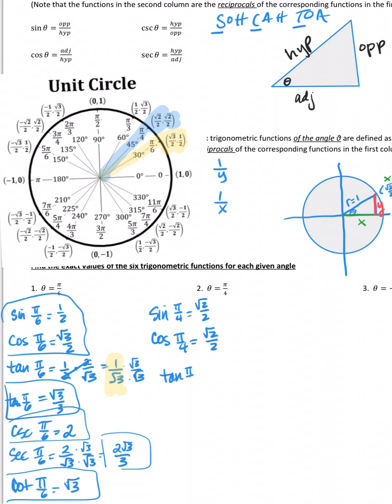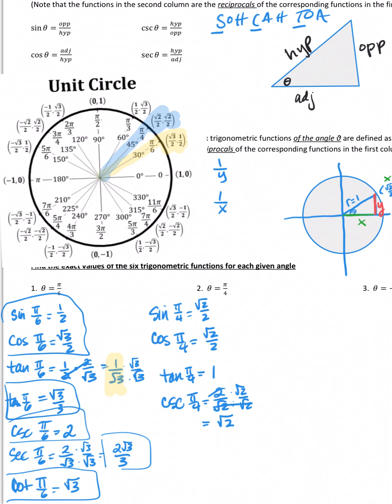The tangent of pi over 4, well, square root of 2 over 2 divided by square root of 2 over 2 is just 1. Makes it simple. Let's do the reciprocals. Cosecant of pi over 4, if I flip that over, I'm going to have to rationalize, right? So I end up with, that's going to be a 2, and that's a 2, so that's going to come out just the square root of 2, right?